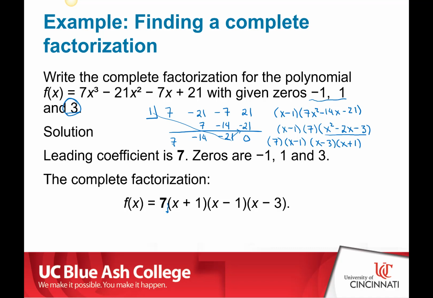Does that make sense how we did that? Part of the way we used division to clean it up a bit. And then once we got it down to a lower degree polynomial that we could handle by factoring, we went ahead and factored that. And what you now have is 7. Yep, there it is. They're not quite in the same order. X plus 1, got it. X minus 1, got it. X minus 3, got that as well.